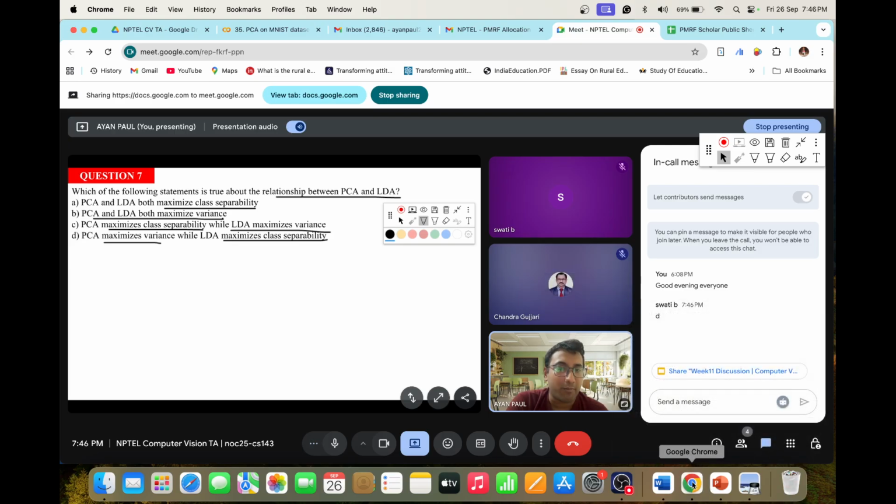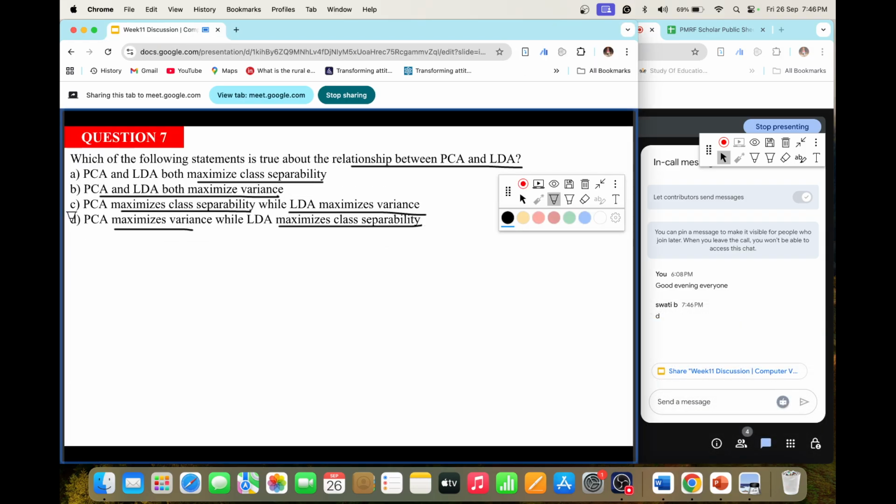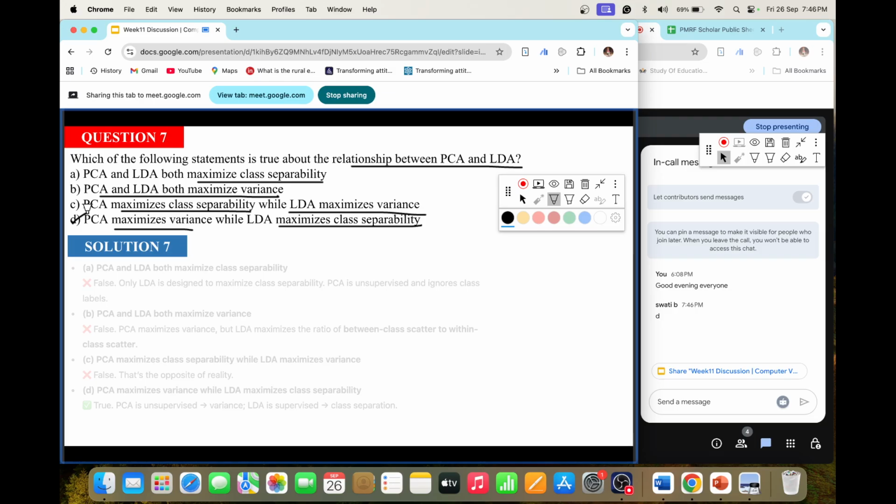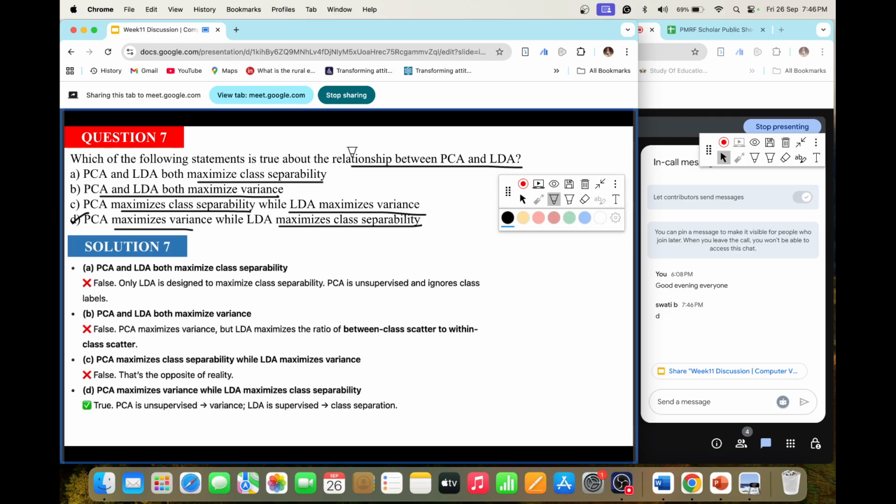Because PCA always maximizes variance, and LDA maximizes class separability. PCA and LDA both maximize class separability is definitely wrong, because PCA does not have any link with any class. PCA and LDA both maximize variance is wrong too, because LDA does not maximize variance. It maximizes class separability because it is a classification problem.